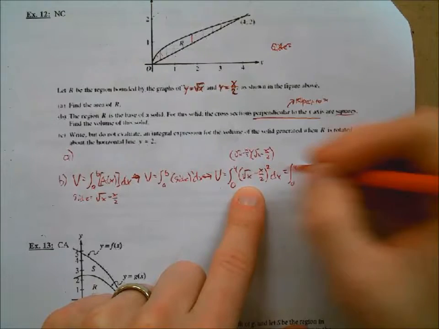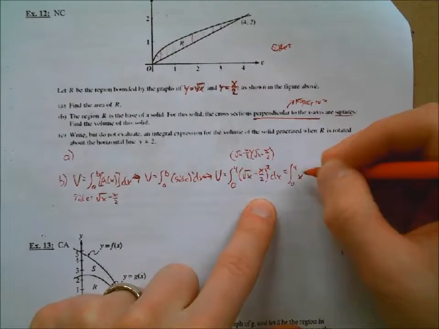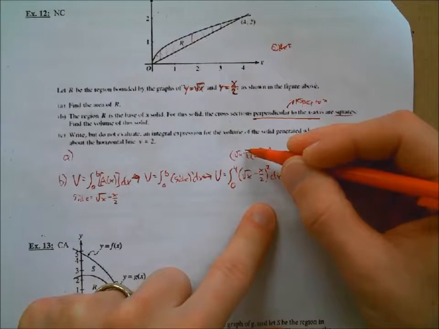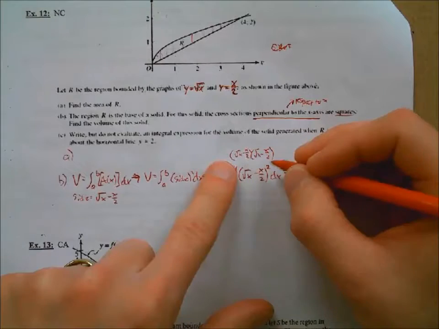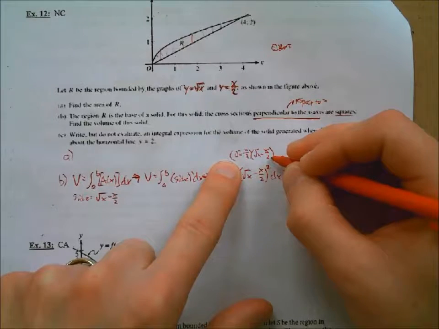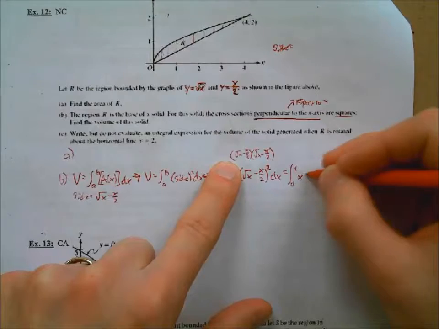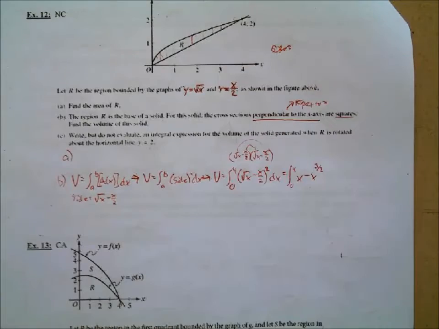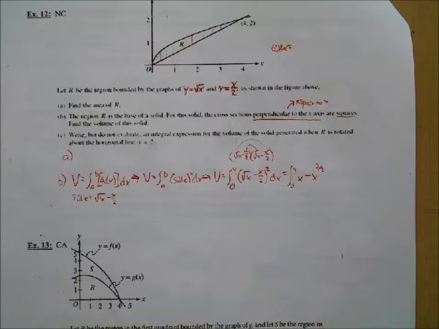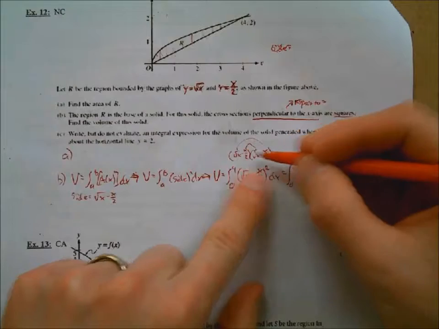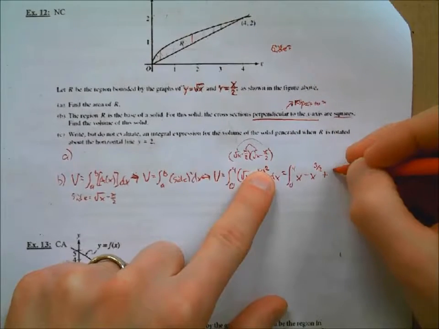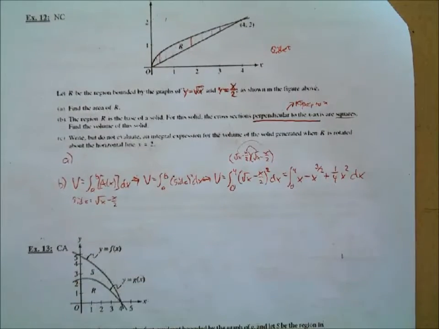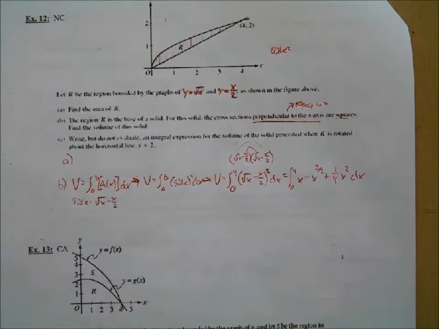We get just x from the first terms. Then minus, root x times x gives x to the 3/2 over 2, and there's another minus x to the 3/2 over 2, so together it's just minus x to the 3/2. And then minus x over 2 times minus x over 2 will be plus 1/4 x squared. So there it is all multiplied out.